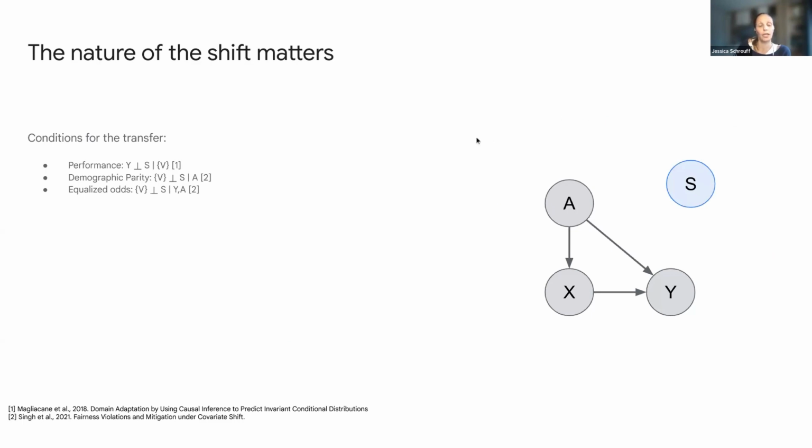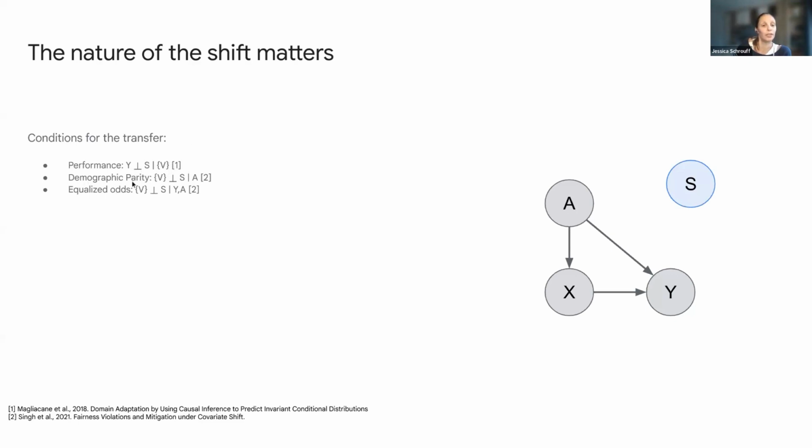Now, if we look at the graphs, we do have conditions for the transfer across different environments. If you are interested in transfer of performance, you would want to satisfy this first condition where V is the set of variables that you include in your model. And so you would want that your label is independent of your environment given your variables.